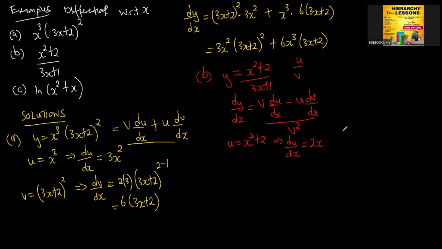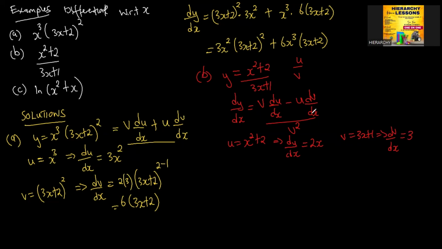And then v is equal to 3x plus 1, meaning dv/dx is equal to the derivative of 3x plus 1. The derivative of 1 is 0, then 3x gives 3. So the derivative of 3x plus 1 is 3.